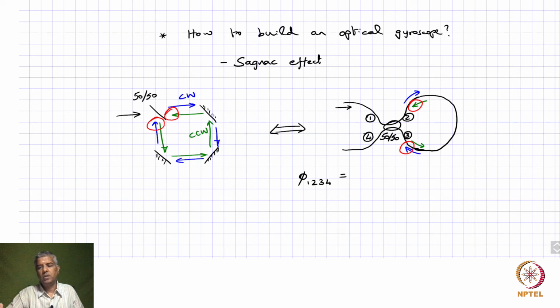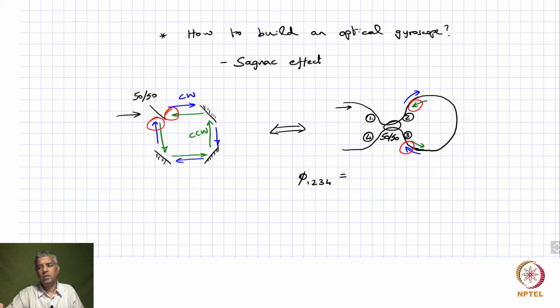Okay, that actually comes from coupled mode theory. We're not going into the specifics of that. If you want, you can go back and look at coupled mode theory and see how that phase shift happens, but let's just take that as a fact, right? So through port, let's say negligible phase shift, let's say it's 0 phase shift, whereas the cross port, whenever it goes across, there is a pi by 2 phase shift.